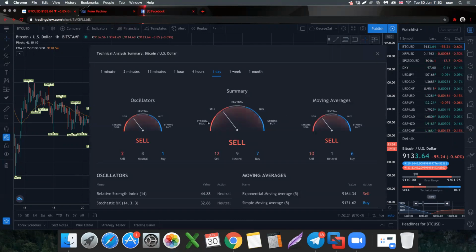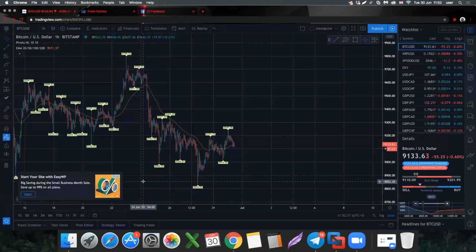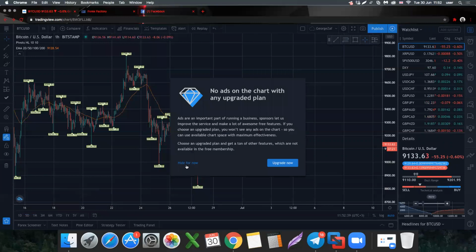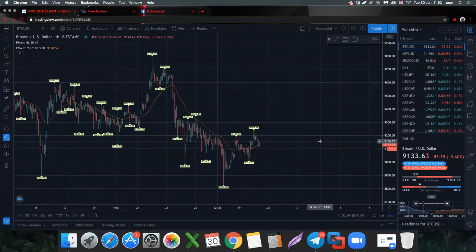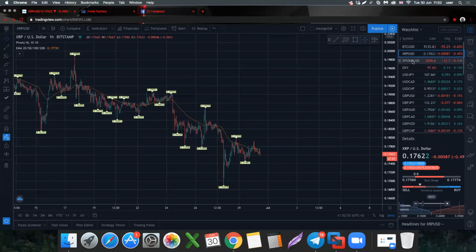We can see 1 day, 1 week strong buy, 4 hours, 1 hour. In 1 hour, we see that most people are selling. I just get an idea from this, but I mainly focus on Fibonacci, trend lines and support and resistance. So I'm not going to trade cryptos today.